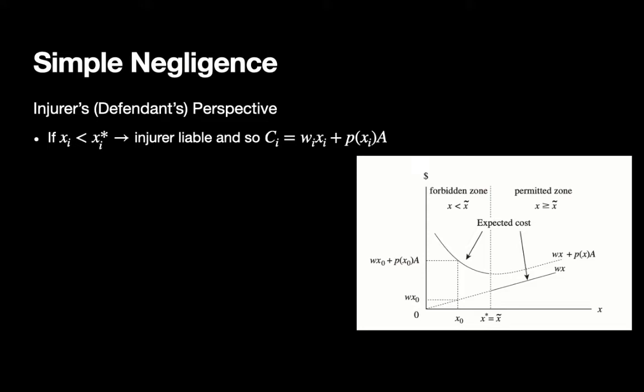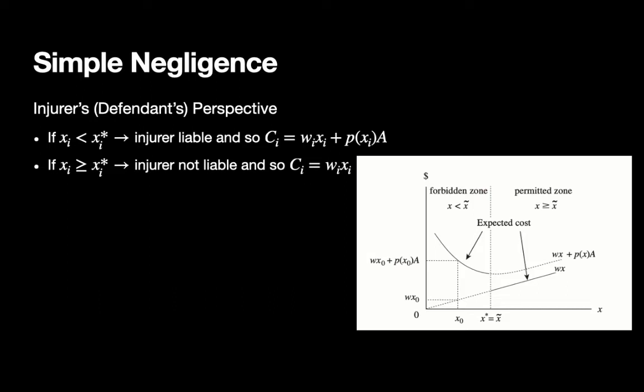Since the legal standard is equal to the efficient level of precaution, the expected cost of accidents declines as he takes more precaution up to the point where his precaution meets the legal standard. Once the legal standard of precaution is met, the injurer's expected costs of accidents only include the cost of taking precaution. They no longer include the expected costs of harm from an accident because the injurer will no longer be held liable once the legal standard of precaution has been met.